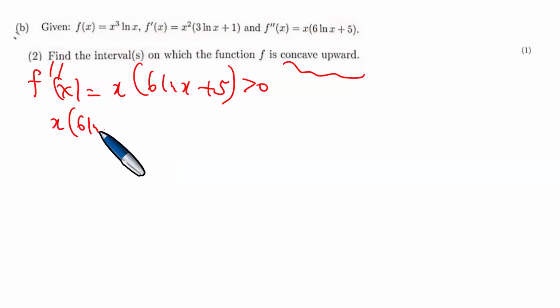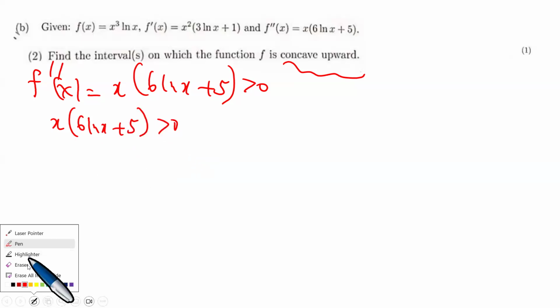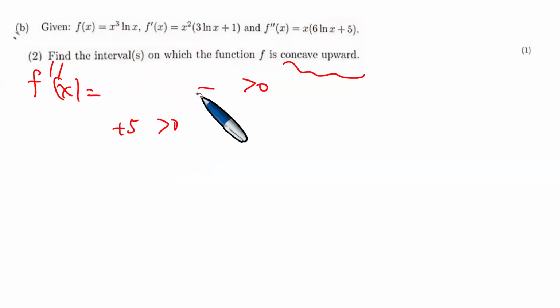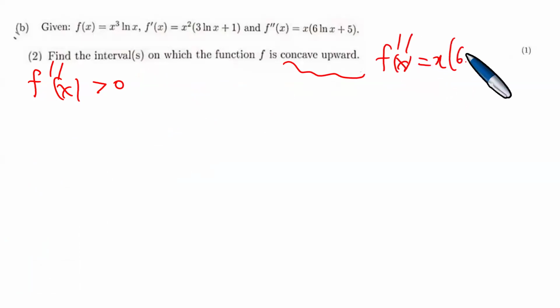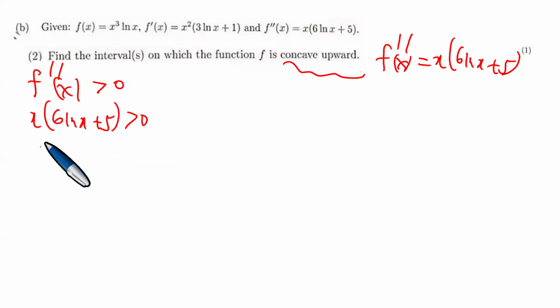First we can write it more meaningfully: concave upward would mean the second derivative is greater than 0. We know from the given question that the second derivative is x(6 ln x plus 5), and this is greater than 0.